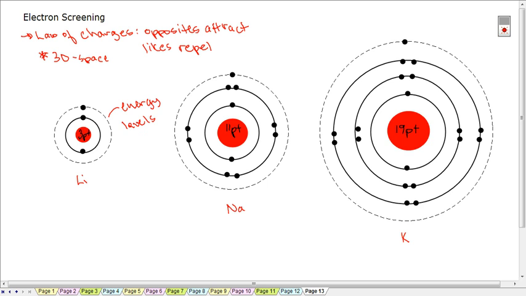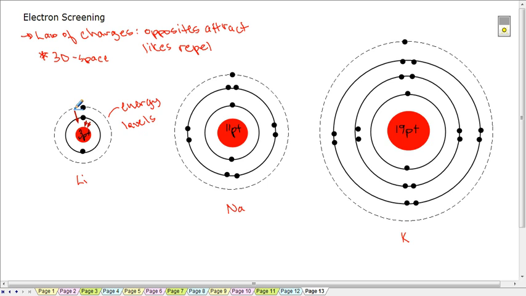If we look at something like the inner electrons, we'll notice that the inner electrons will feel a strong pull because they're really close. Now when we take a look at the outer electron, because it's further away, it doesn't feel quite the same pull. So we could think of these inner electrons as having twice the amount of pull towards the nucleus because they're closer.